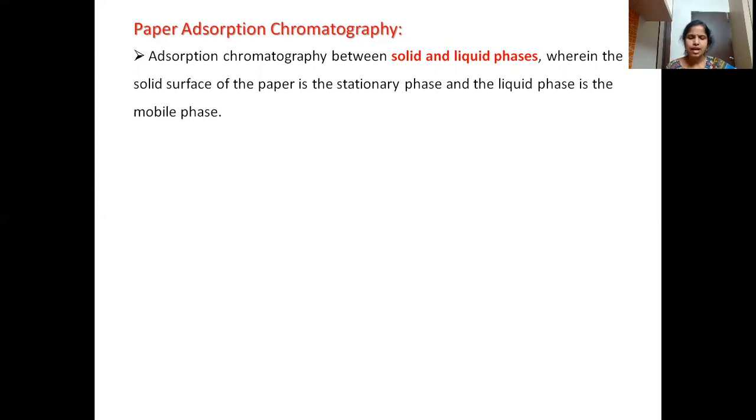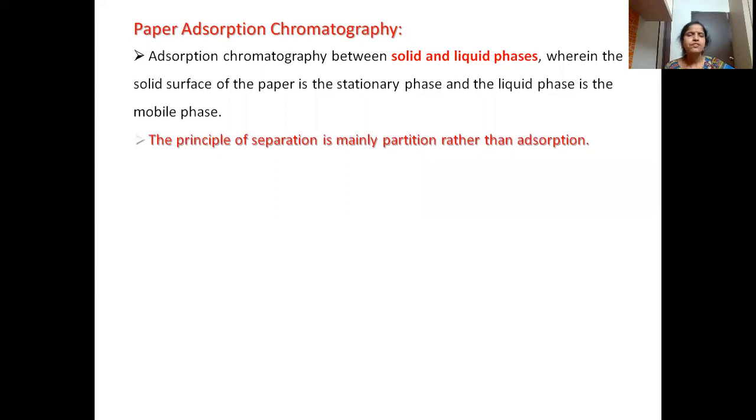Now in this, as we have seen for TLC, when the sample is loaded onto the stationary phase, it adsorbs the sample. That means there is only a surface phenomenon acting between the sample and the stationary phase. So even in this case, the adsorption technique is involved.